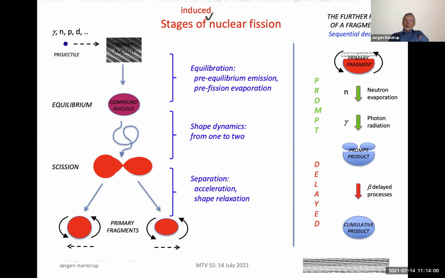I tried to emphasize that there is some difference between atoms and nuclei. If you start by just thinking about the single particle motion, so that would be the electron orbitals or the nucleonic orbitals, then if you have a spherically symmetric potential in the nucleus and solve the Schrödinger equation, you get something somewhat similar to what you get if you solve the equation for the electron around a charge.